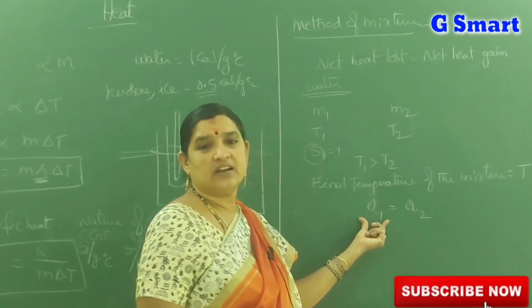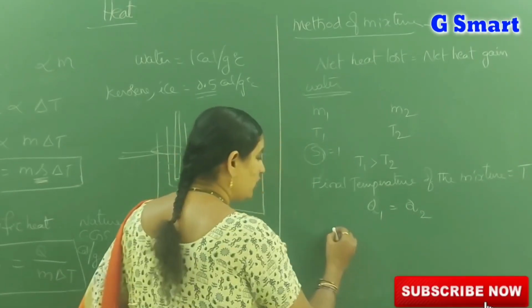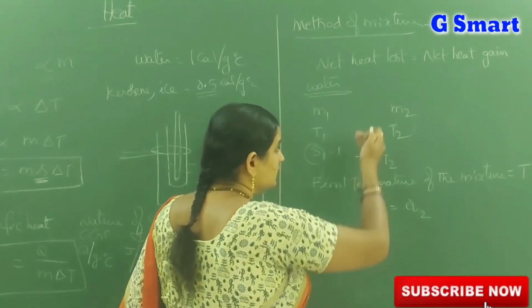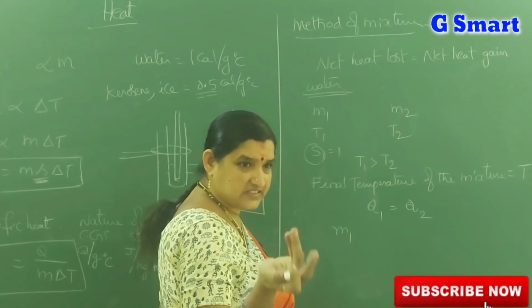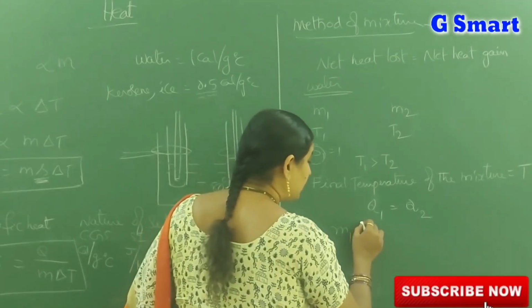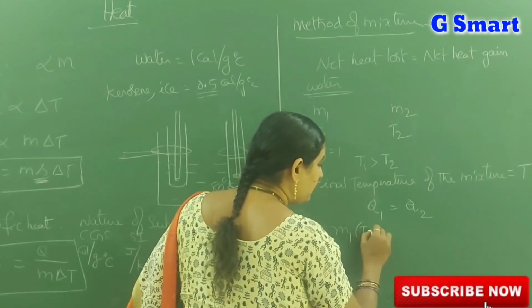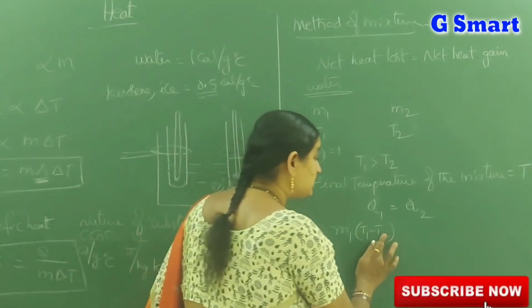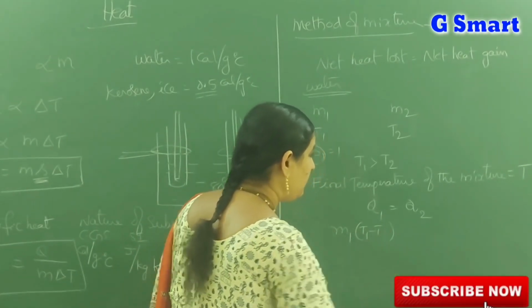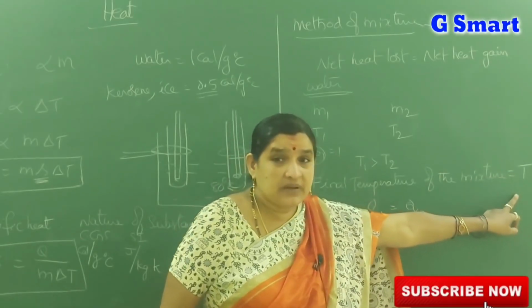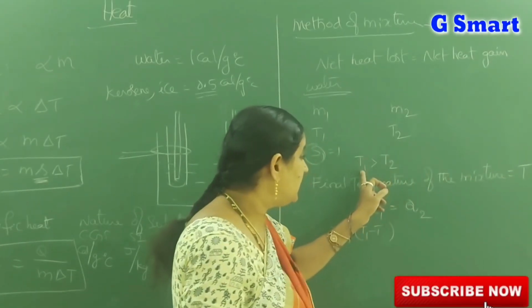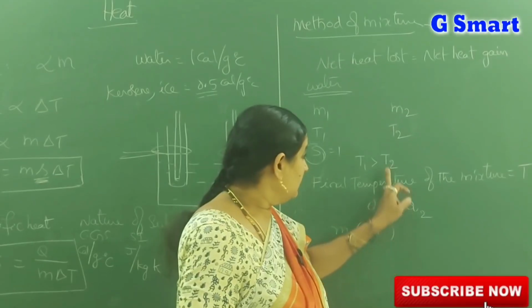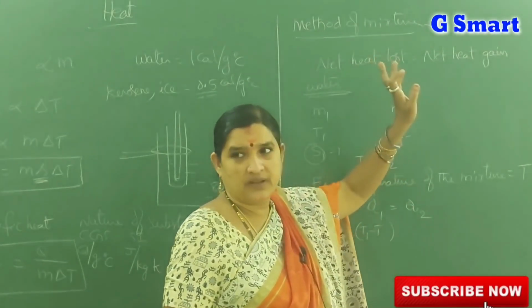Q means M S delta T. For the first body, M is M1, the substance is water so specific heat S is equal to 1, and the temperature difference is T1 minus T, because the final temperature becomes T. T1 loses its temperature up to T, and T2 gains temperature up to T.